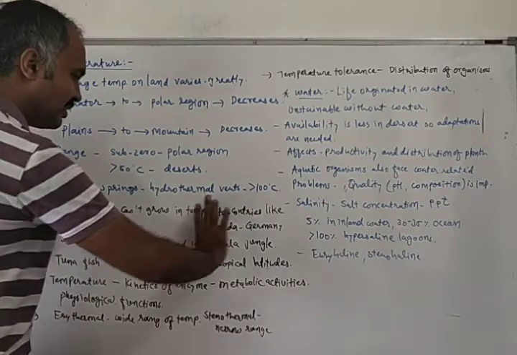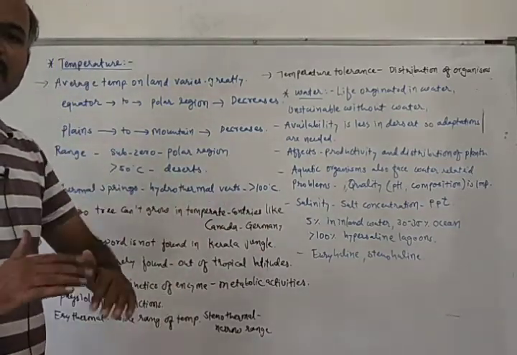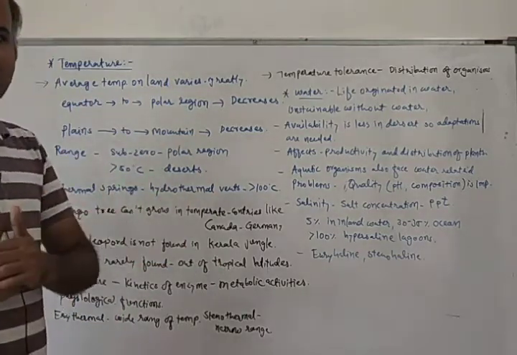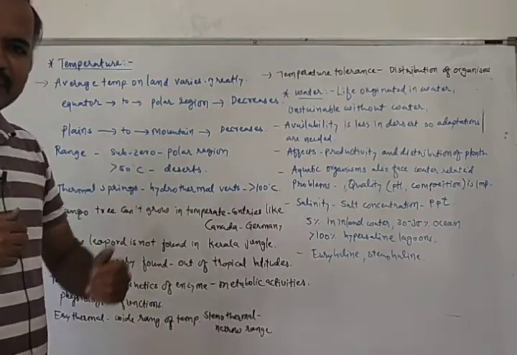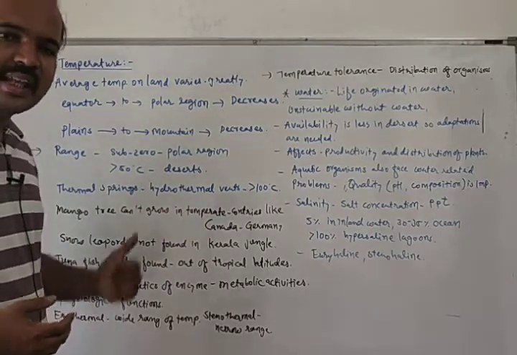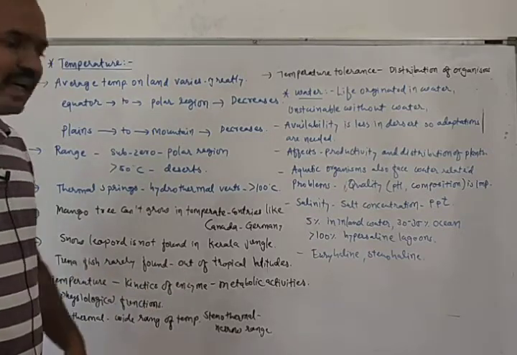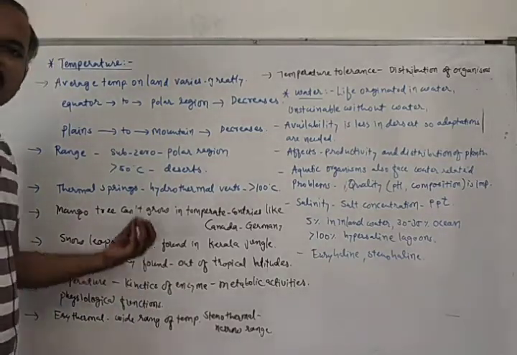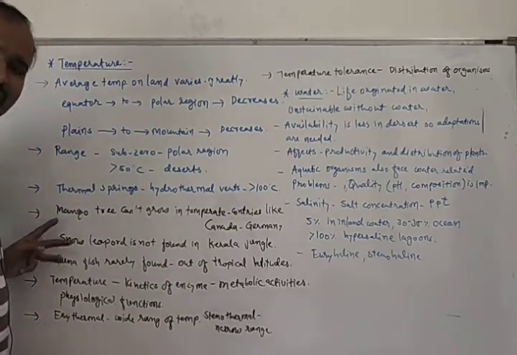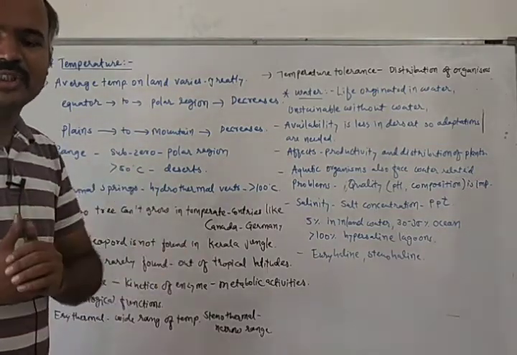So these three examples say that different organisms can live only in their particular temperature range. They cannot survive in all temperature ranges.